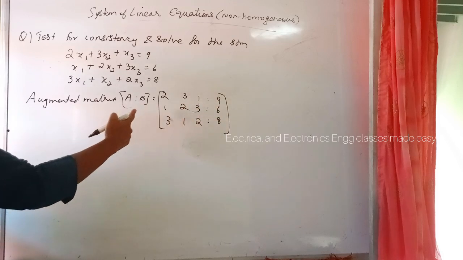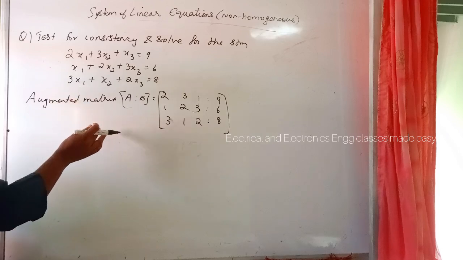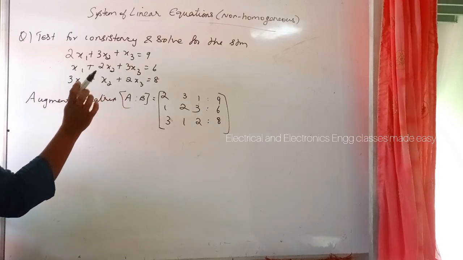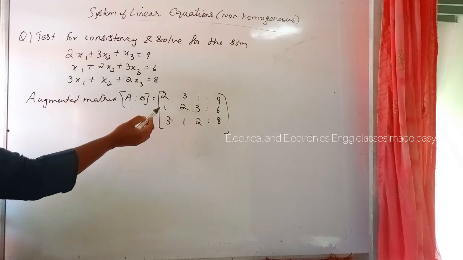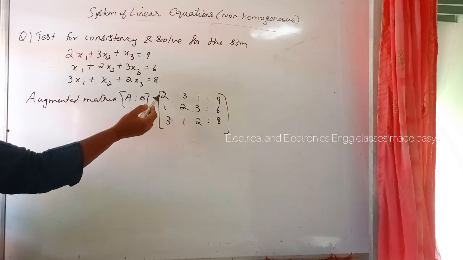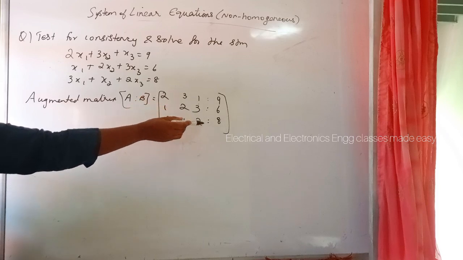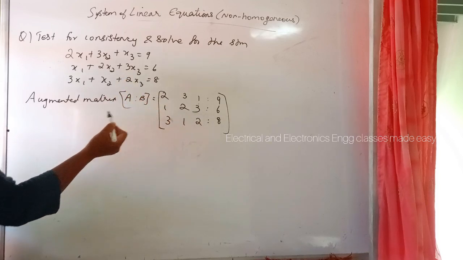So this is the augmented matrix. Now by row transformations we have to make this augmented matrix upper triangular. That is, we have to make the elements below the main diagonal elements 0.